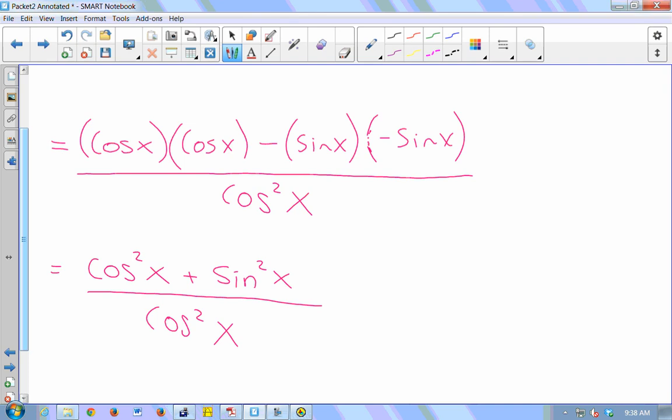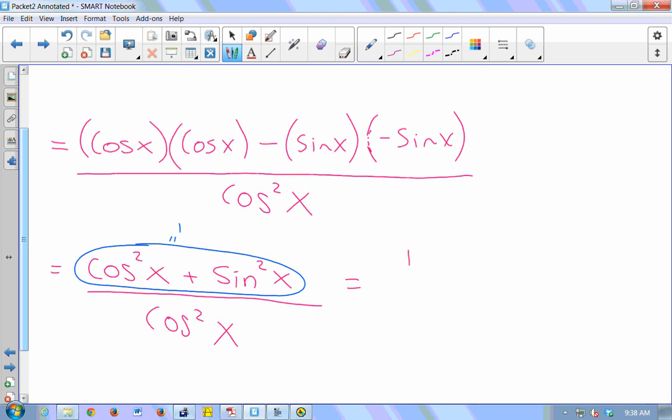Right, you can't cancel when it's just addition. If that said cosine squared times sine squared, I could cancel the cosine squareds, but you can't cancel when there's addition. So use the Pythagorean identity: cosine squared plus sine squared is 1. We talked about that yesterday or Wednesday.